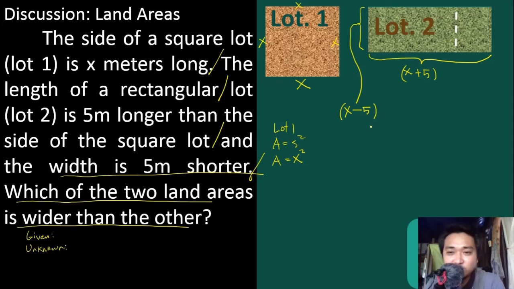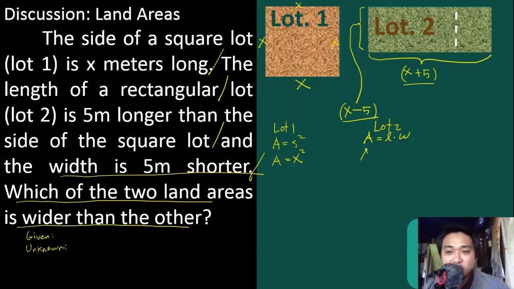Now, for lot 2 naman, since rectangle siya, don't forget, ang kanyang area po is length times width. So, ito yung length, ito yung width. All we have to do is to multiply length times width.